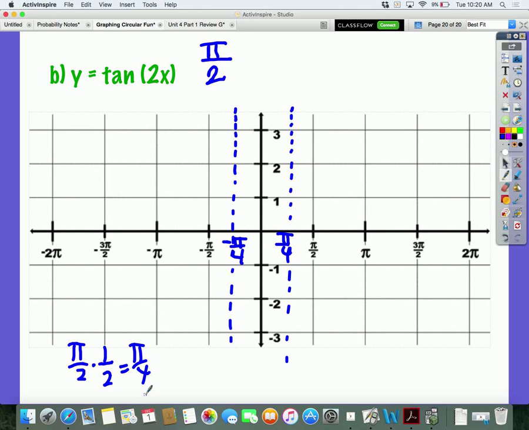Okay? So that point that was at (pi over 4, 1) gets multiplied by 1/2, so it's going to be at pi over 8, which is halfway in between.